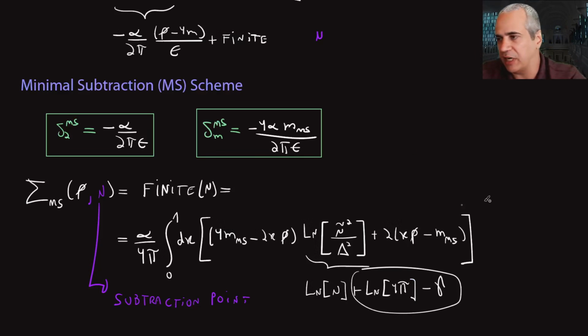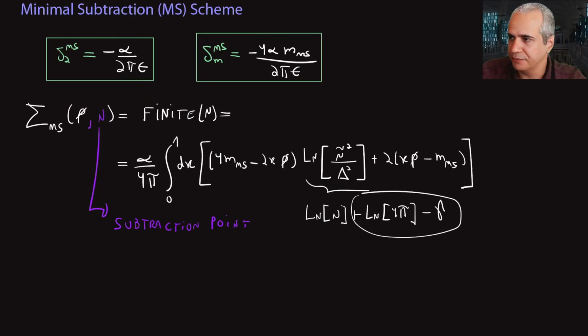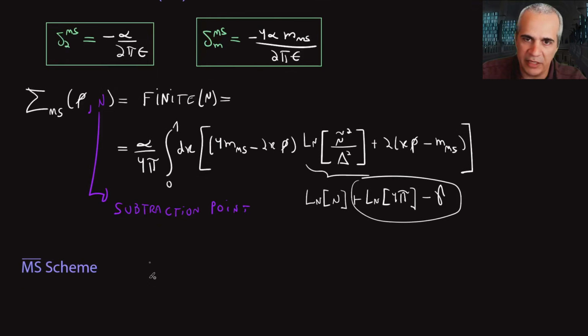So another subtraction scheme called the MS bar scheme, let me put it right here, actually changes minimally this subtraction to make it so that delta and delta 2 and delta m also carry away these constants.